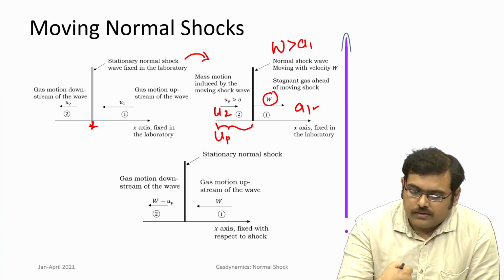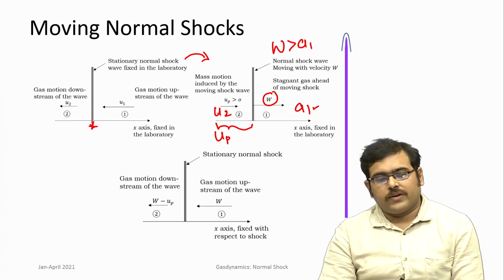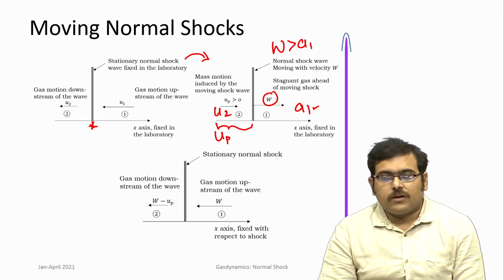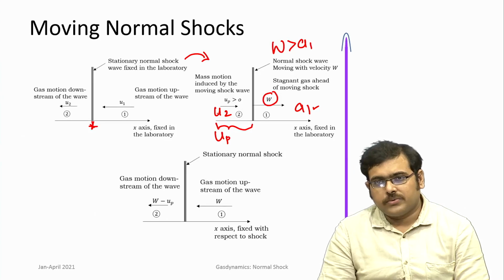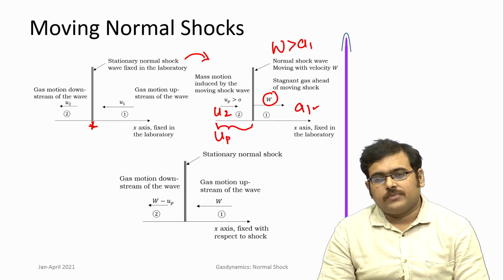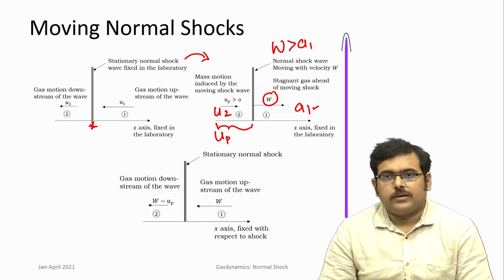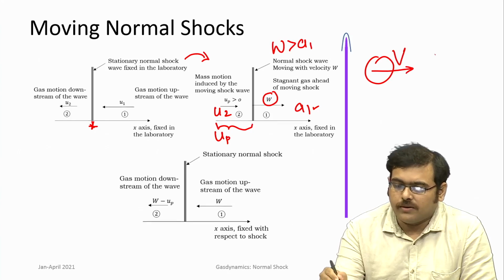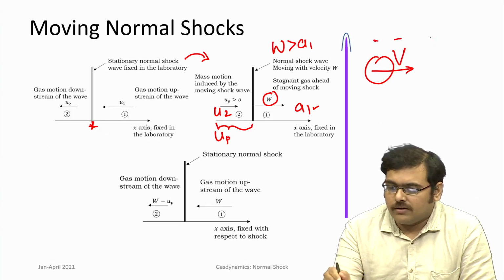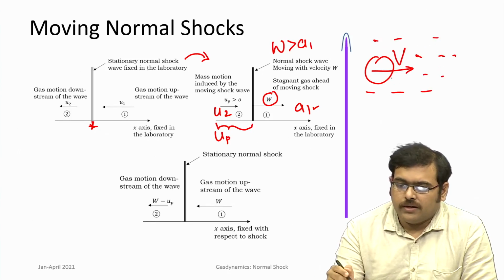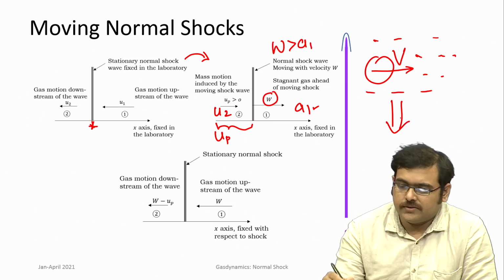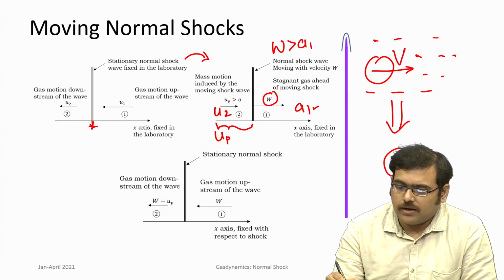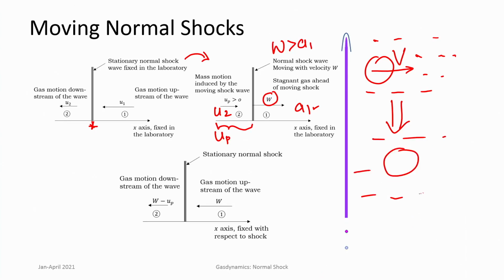Okay. So, how do we analyze this moving shock? This follows from the principle which is very often used in flows, that if you have a body moving in a flow with a velocity v, an equivalent problem is the same as saying that the body is stationary and the fluid on the other hand is moving with velocity v in the opposite direction.